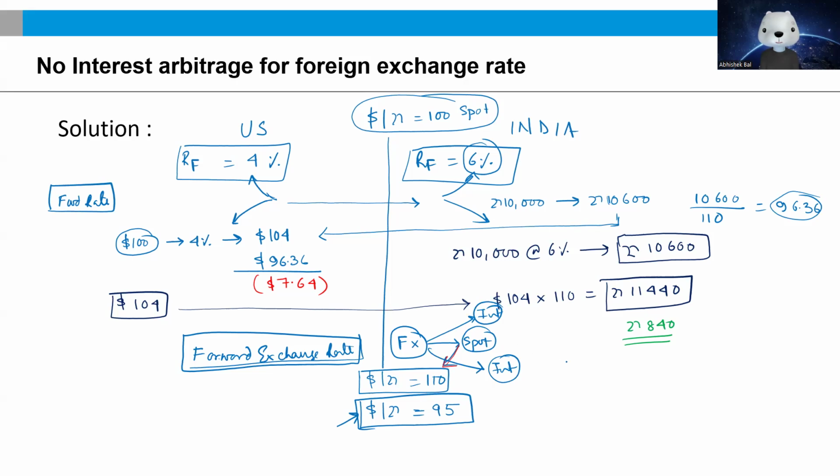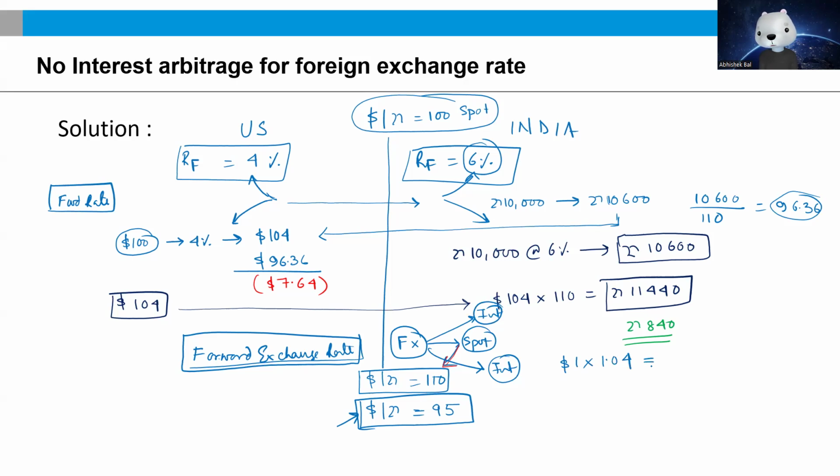In other words, if I take a dollar out here, if this $1 is being taken today and invested into the domestic currency itself, which is going to yield 4%, that is 1.04.